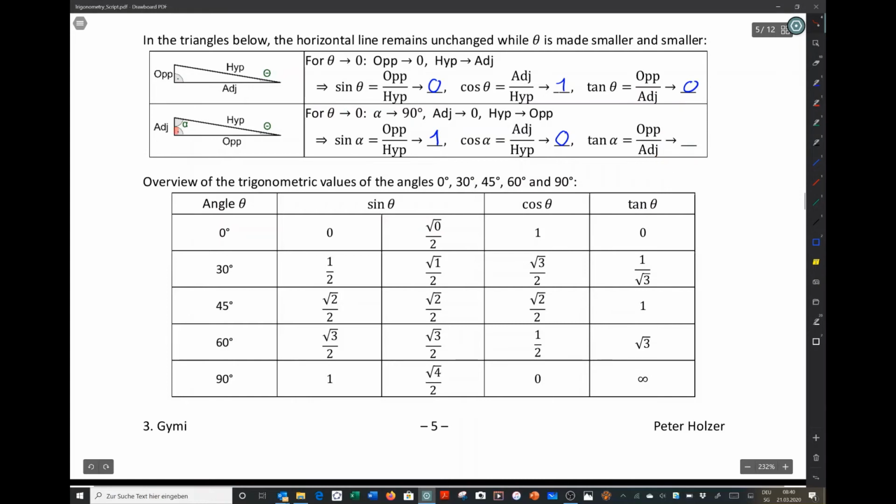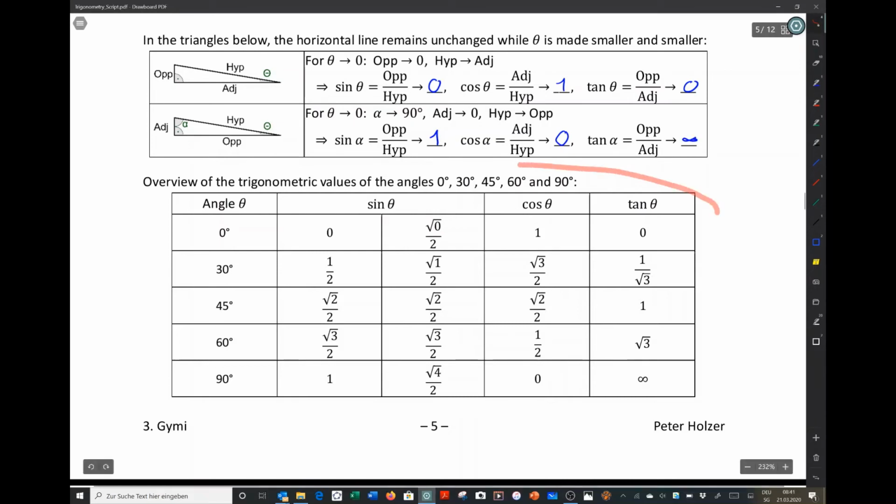If the adjacent has length only 1/100th, then 1 divided by 1/100 is 100. Or if it has the length only 1/1,000,000th, the quotient that we get will be a million. So we see it becomes larger and larger, and it goes off to infinity.